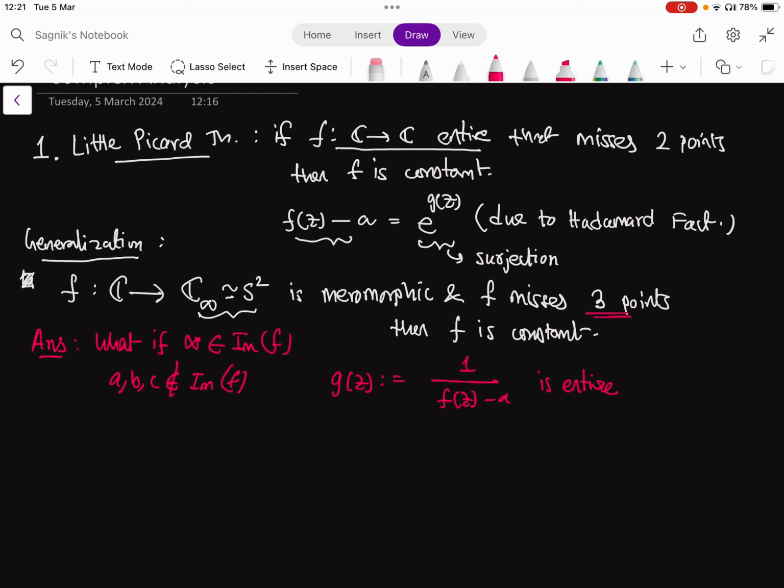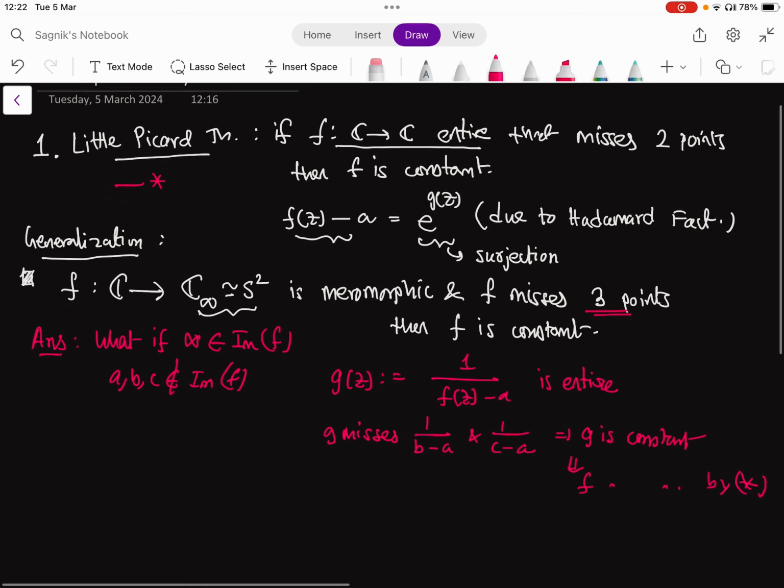And g misses 2 points. g misses 1 by b minus a and 1 by c minus a. And by the way, all of them are distinct because we are taking three distinct points. So g misses 2 points. So it follows that g is constant, and hence f is constant. This is from the little Picard theorem.